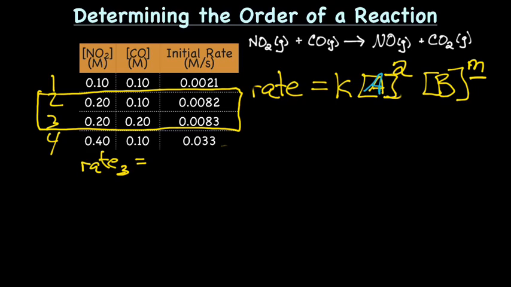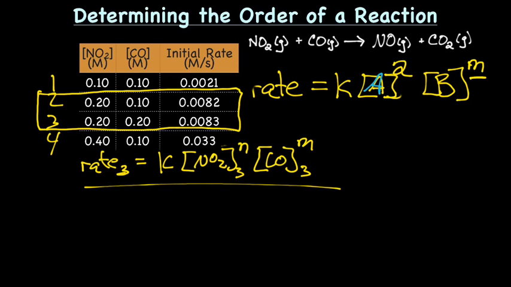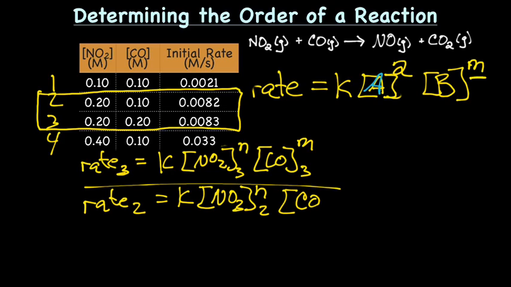Let's make this a little bit more clear. These are the 3's. Then we're going to do it again with rate 2 equals K, concentration NO2 number 2 to the N, concentration CO number 2 to the M.